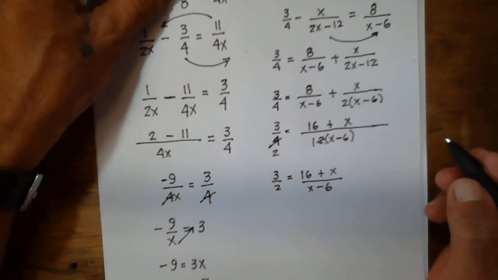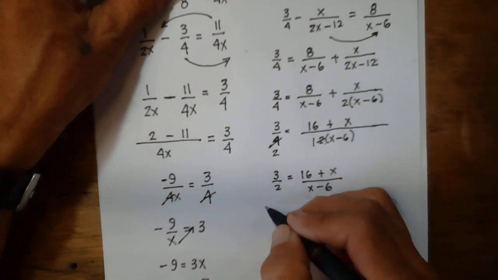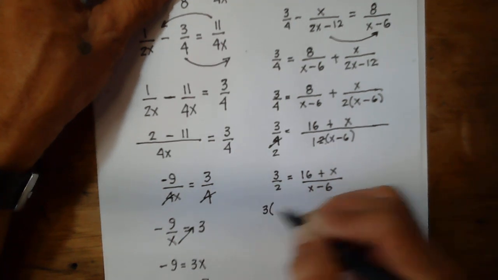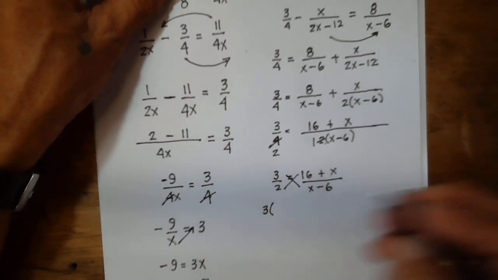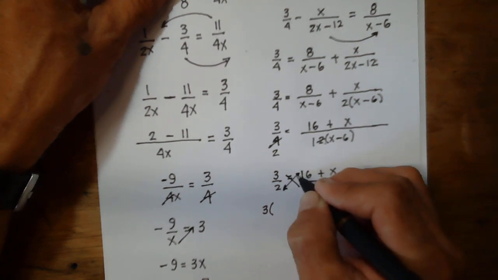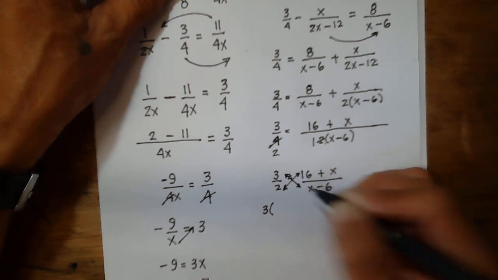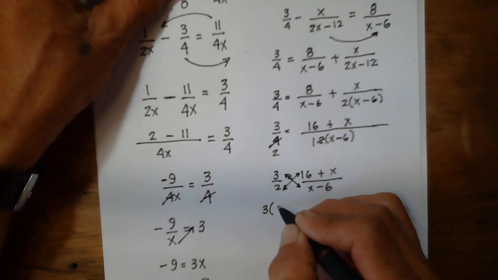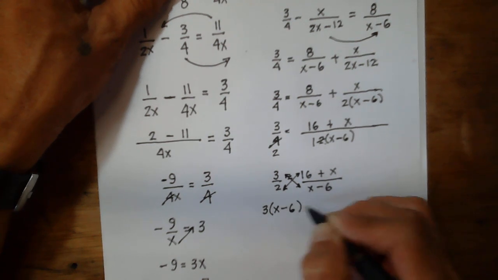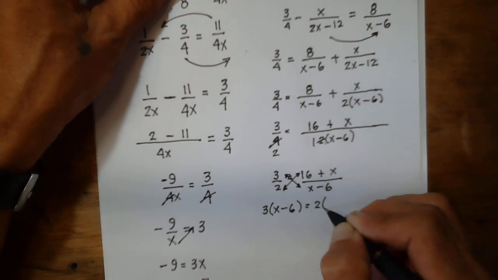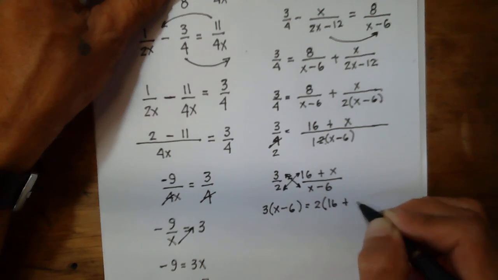By cross multiplication, we have 3 times x minus 6 is equal to 2 times 16 plus x.